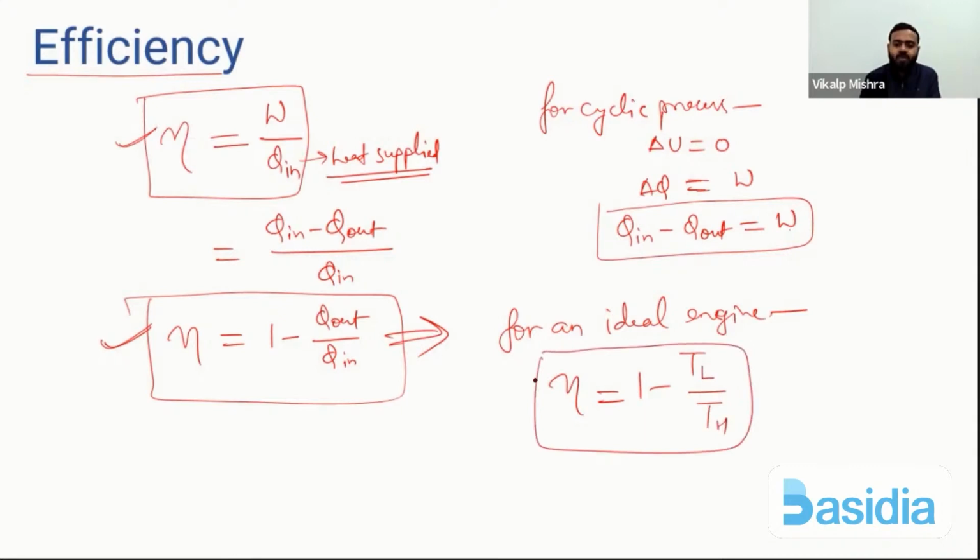This is one more formula. We will derive it in Carnot cycle. Day after tomorrow we will do the topic. Okay, so one more formula you can write. This formula is for any heat engine and this formula is for ideal heat engine. Ideal heat engine is also known as Carnot engine. Carnot engine we will study separately.